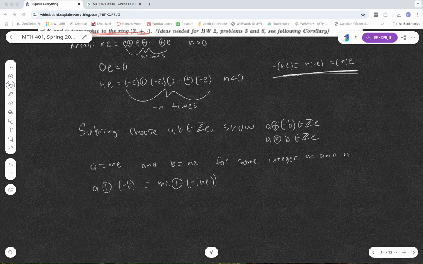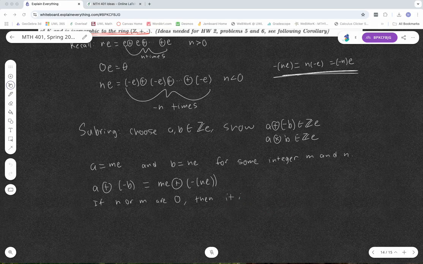How do we want to, I feel like we have to think about cases, because we have different definitions based on if M and N are positive or negative or 0. Maybe we'll just say if N or M are 0, then the result is clear.